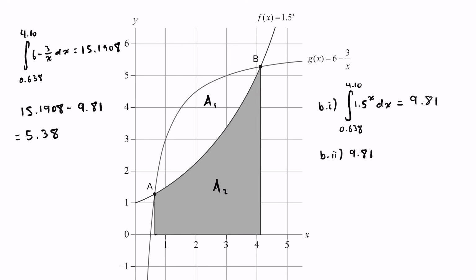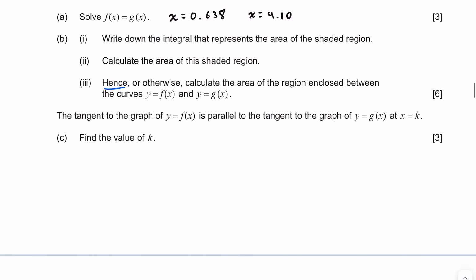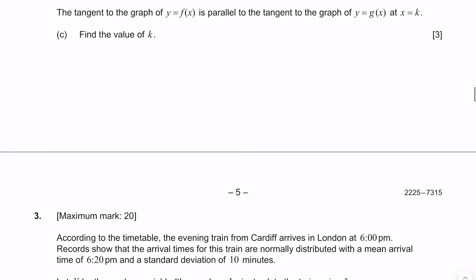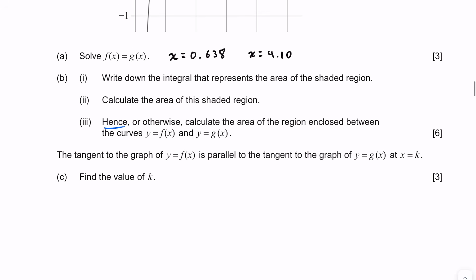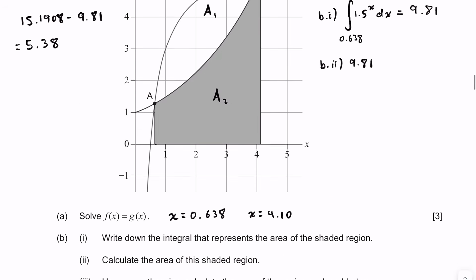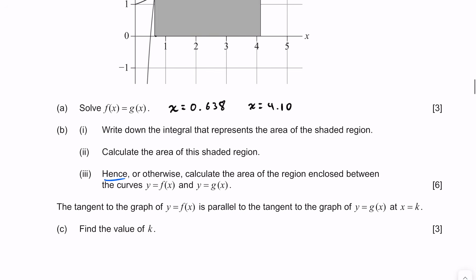So we find the total area, take away the shaded, and then we find what's left over, which is the enclosed area. All right, so hence or otherwise calculate the area of the region enclosed between the curves y equals f of x and y equals g of x. Okay, that's what we've done, and it's 5.38.